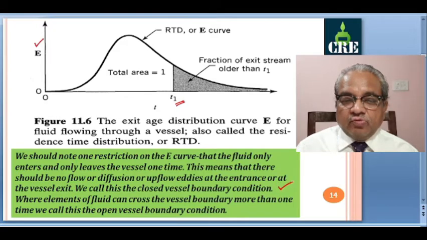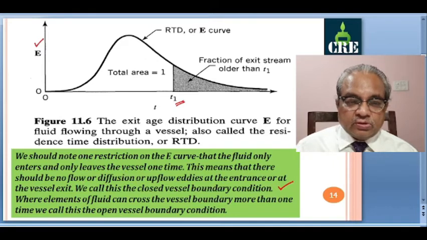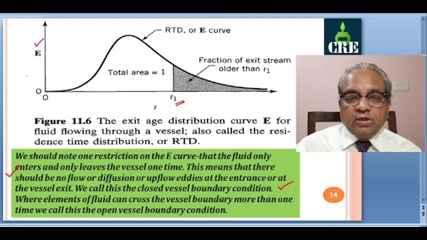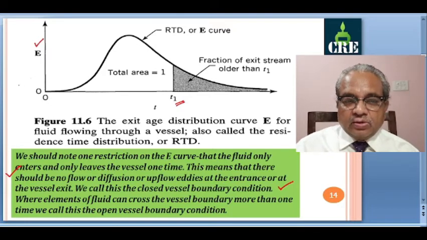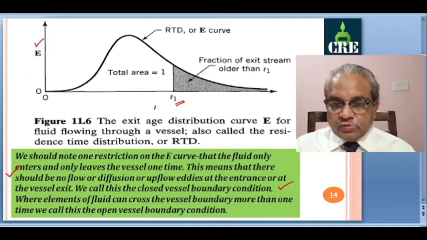So this is valid for closed boundary conditions only. And when the elements of fluid cross the vessel boundaries more than one time, then we call this open boundary condition. So we will mostly deal with closed boundary conditions. Here we are considering that fluid enters at once and leaves only once. Okay.